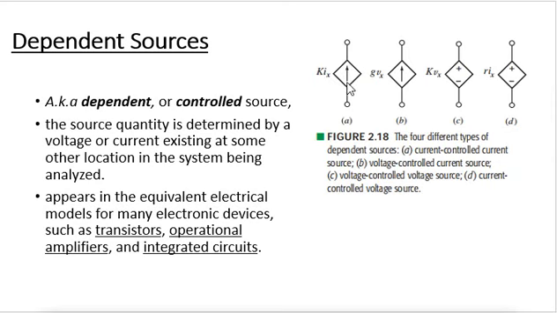Kapag may arrow, that is dependent current source. Ulitin ko ha, kapag diamond, dependent sources yan. Kapag arrow yung nasa loob, ibig sabihin current source yan. Kapag merong positive, negative sign, voltage source yan.